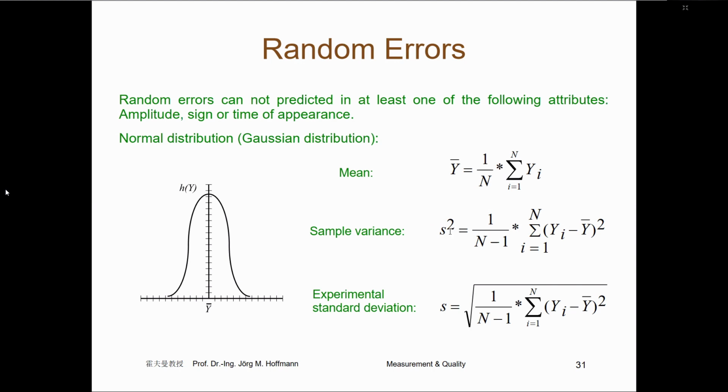And that is for the description of the quality of a measurement row. Is it possible? But you have here the unit of your measurement value to the power of 2. When you measure, let me say, a length with millimeter, you would not like to describe the quality of the measurement row with square millimeter.